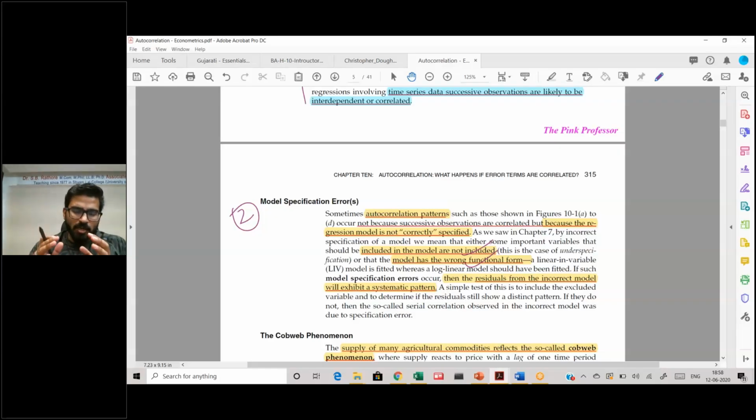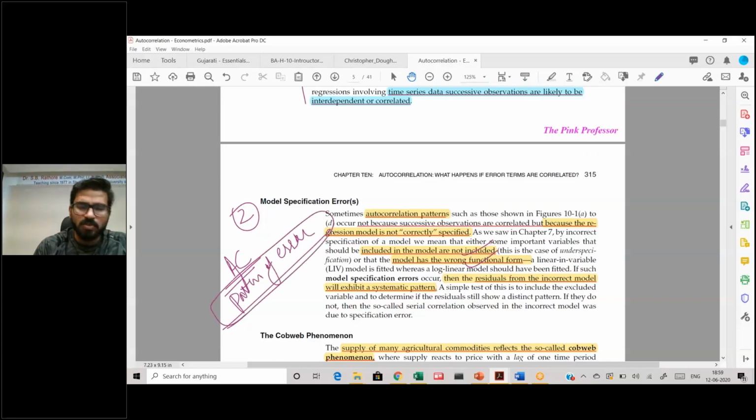So essentially, autocorrelation is a definite pattern of error terms. Now, the pattern in the error terms can also be because of the fact that the model that you have picked is an incorrect model. So that can also lead to autocorrelation.